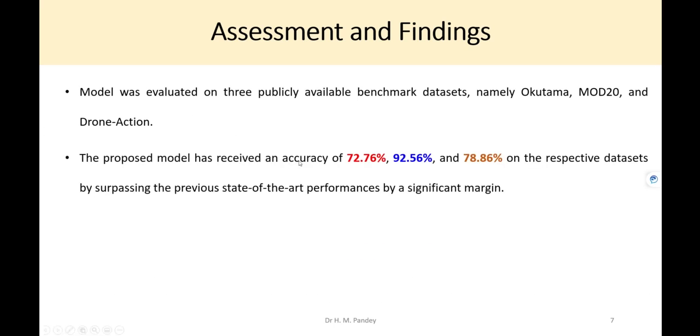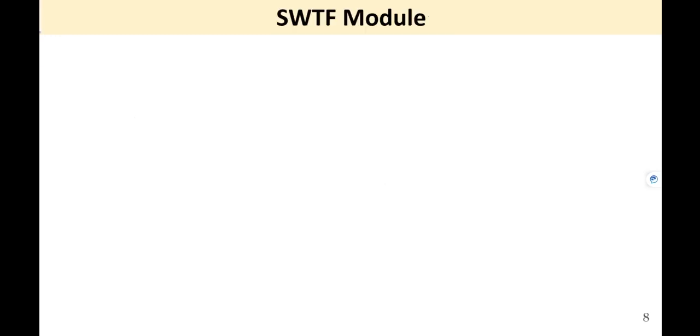As far as accuracy is concerned, our model showed 72.76% accuracy for this dataset, 92.56% accuracy for the second dataset, and 78.86% accuracy for the third dataset, that is the DroneAction dataset. And when we compared this performance with state-of-the-art models, we noted that our proposed model showed better performance over the existing state-of-the-art models on these three datasets.